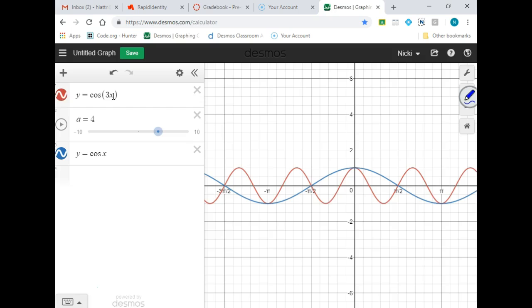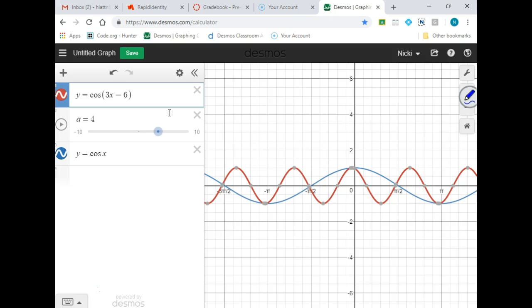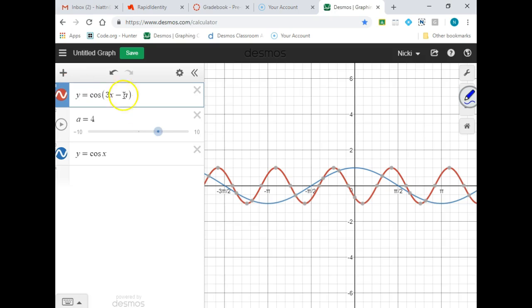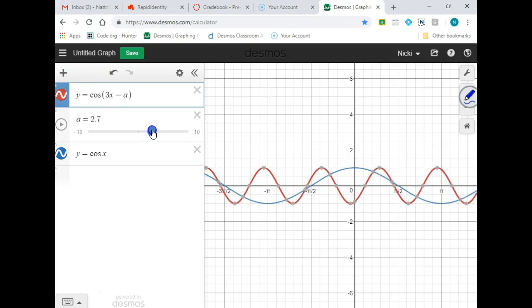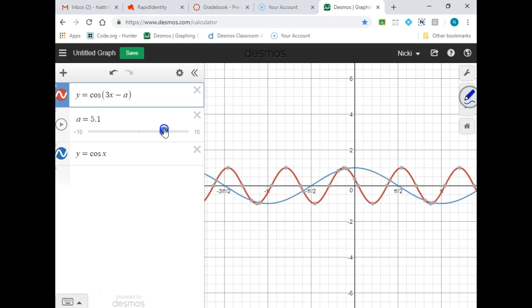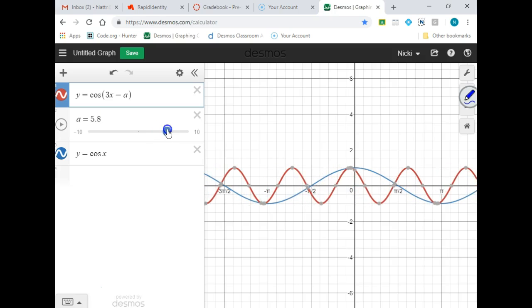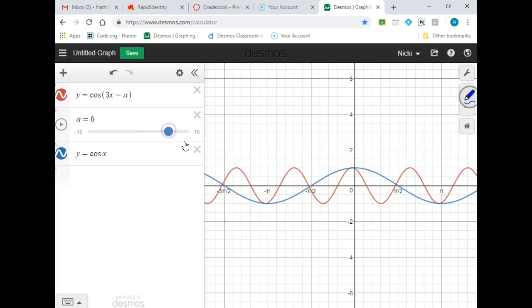And then if we put that minus 6 there, it doesn't look like much happened to it, but if we did an A there, we can kind of see it. We move it over until that A is 6. I'm having trouble getting that exactly.